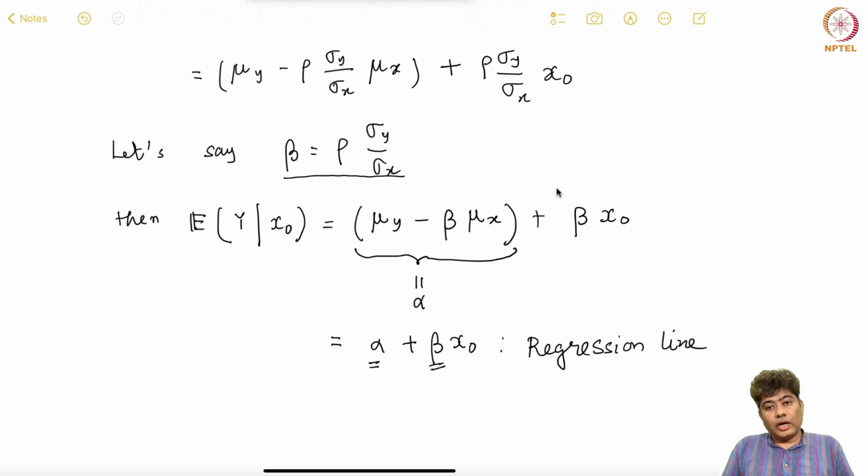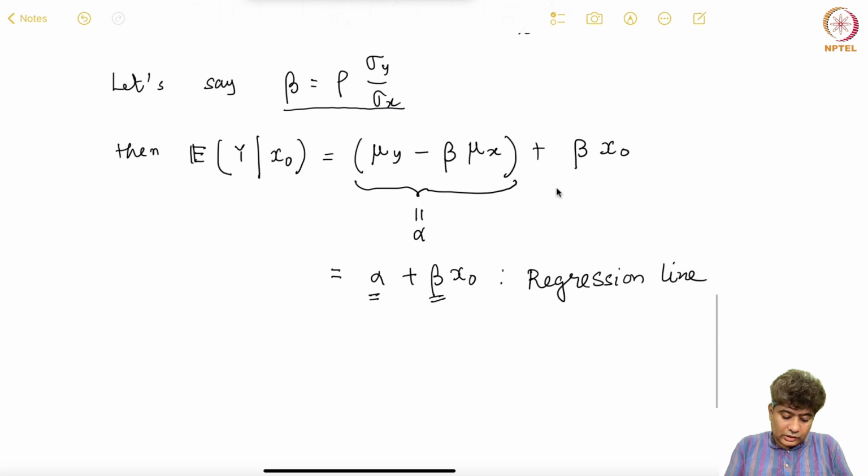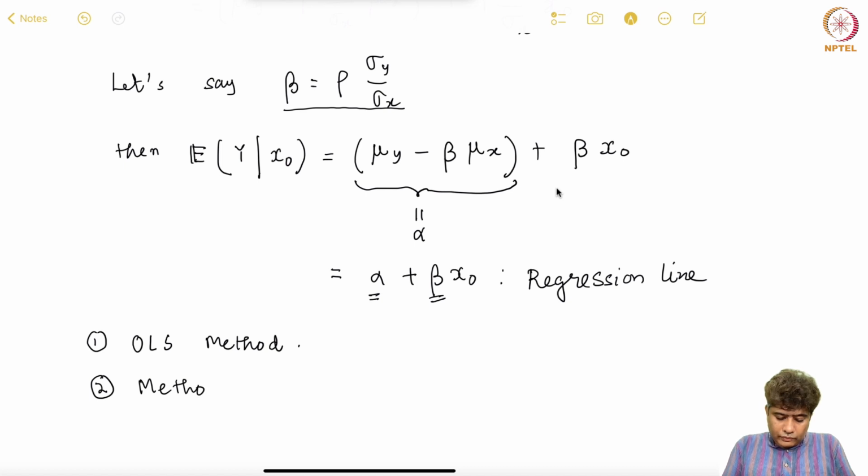Obviously you can fit alpha and beta using the OLS method. So one method is the ordinary least square method that you can always use. We can also have a method of moments type plug-in estimator.